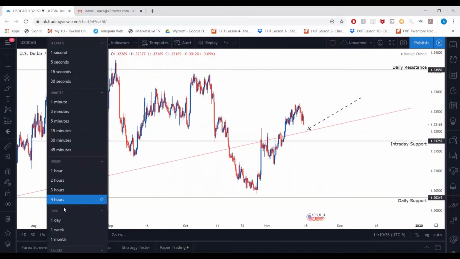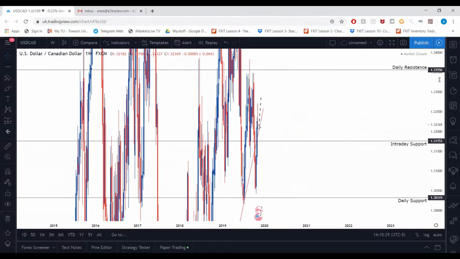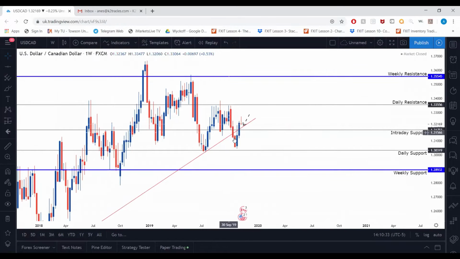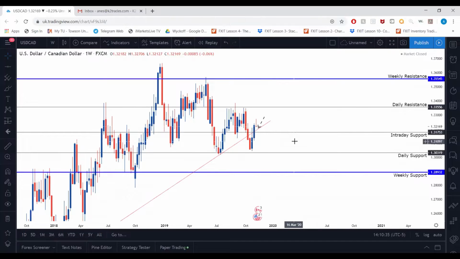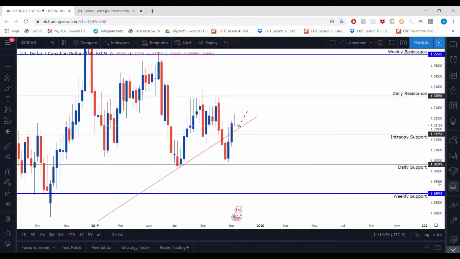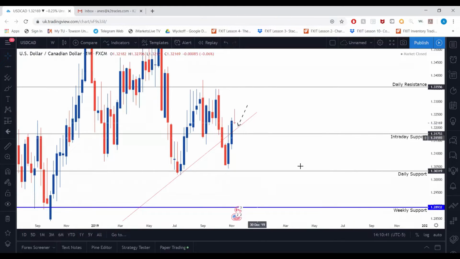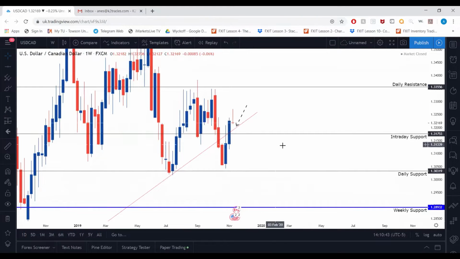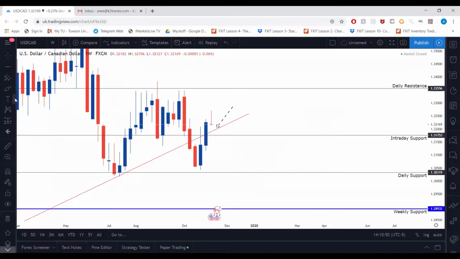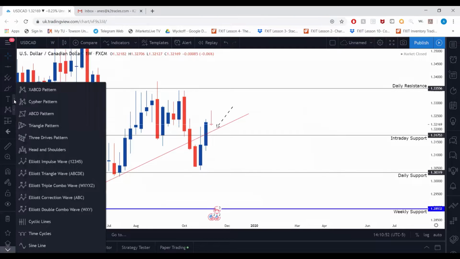Long term, it really depends on what happens on the weekly, because we have this strong bullish momentum, and it might see some correction with this bearish doji that closed last week. So let's see with the fibs, this could be just a retrace of this whole move.